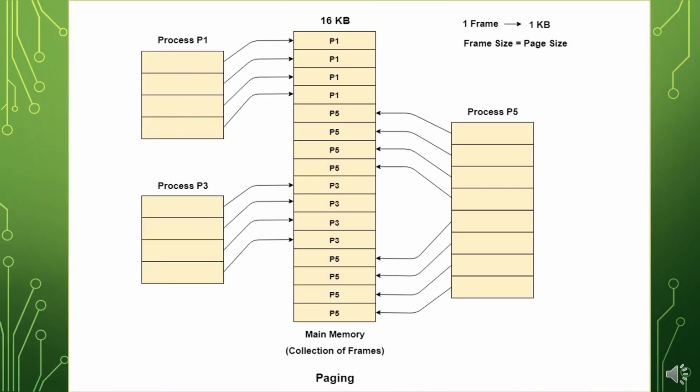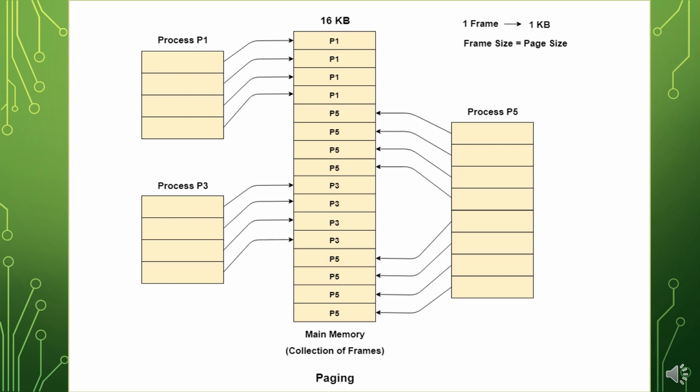Frames, pages and the mapping between the two is shown in the image over here. Let us consider that P2 and P4 are moved to waiting state after some time. Now 8 frames become empty, and therefore other pages can be loaded in that empty place.